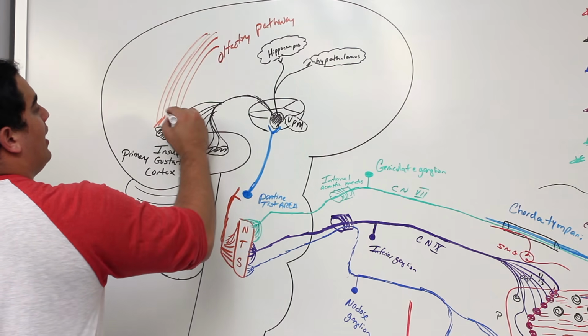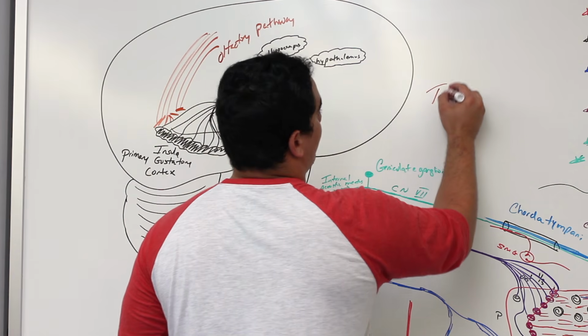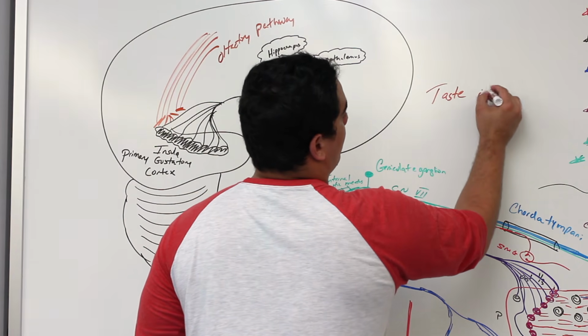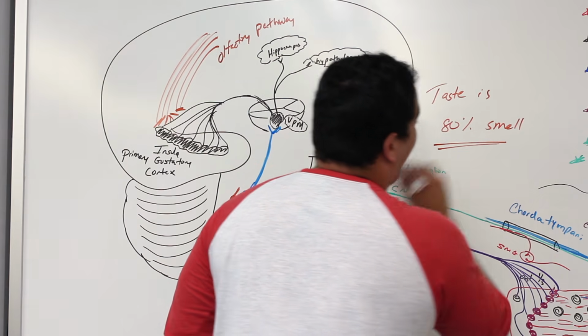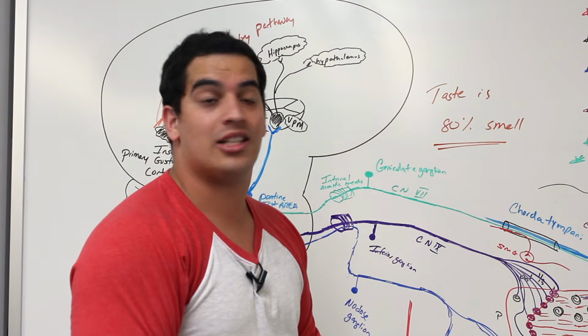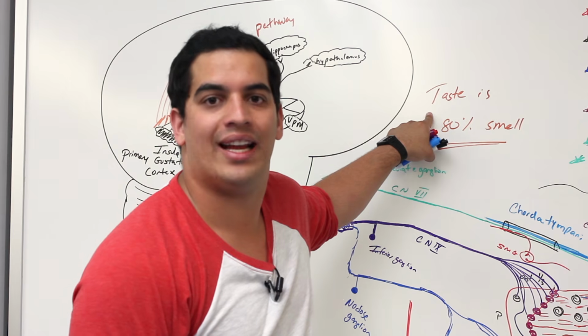Again, I told you, you need to write this down, taste is actually 80% smell. So if you have anosmia, taste is going to be pretty much absent also because they are very intermingled.